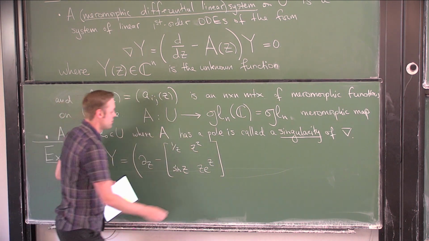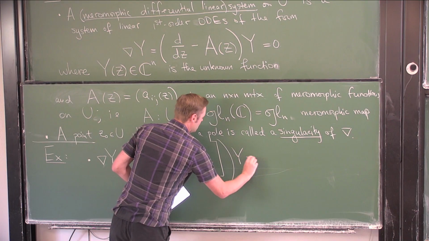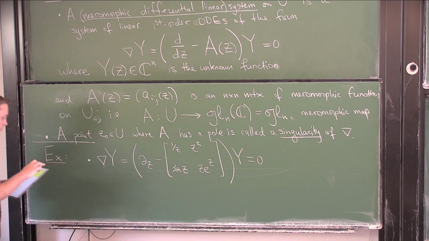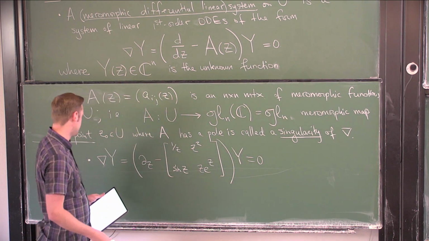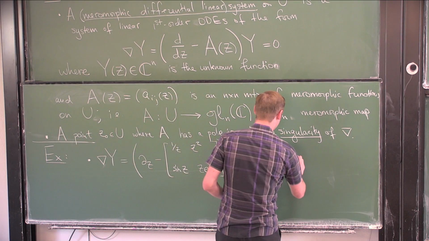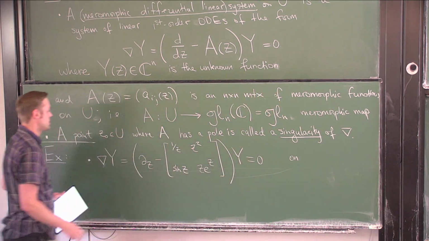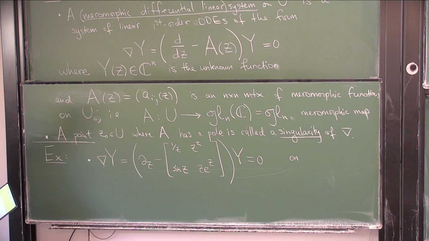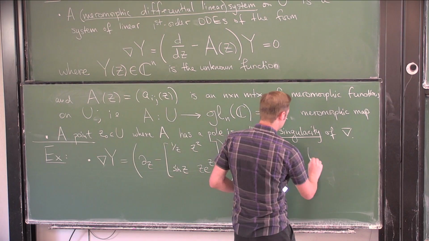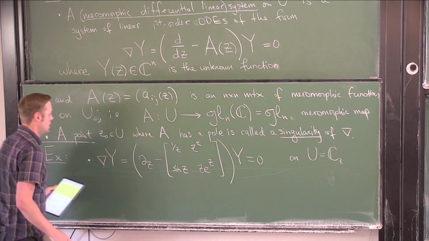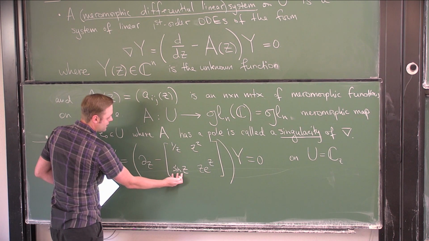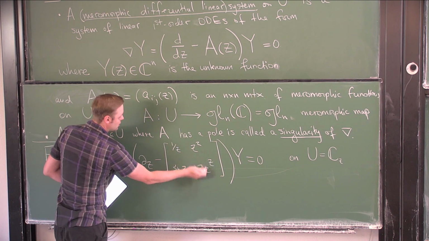These are pretty random functions I chose. The coefficients are all well defined on the whole complex plane, except one. We know that these are all entire holomorphic functions.